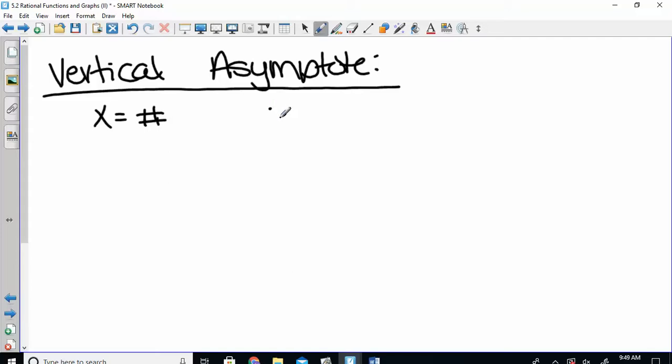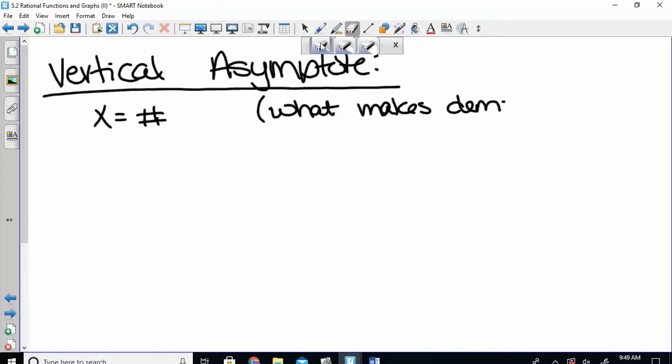Your vertical asymptote was always the thing that got taken out of the domain, right? So that number is what makes the denominator equal 0. So if something makes the bottom equal 0, that is a vertical asymptote.